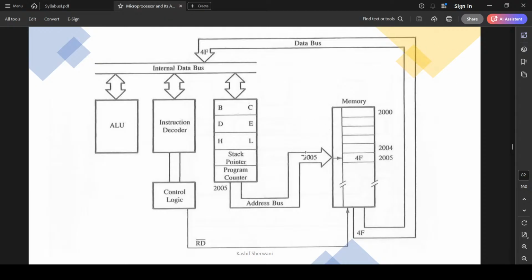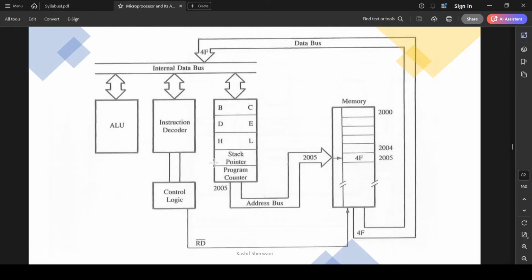It's looking like we have seen this. This is not the timing diagram. The ALU was there, instruction decoder, instruction register.